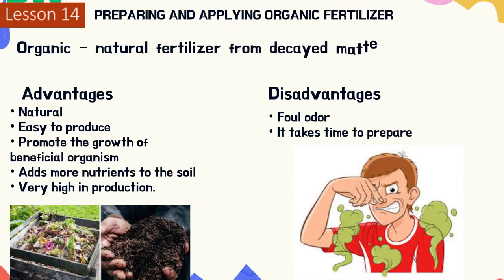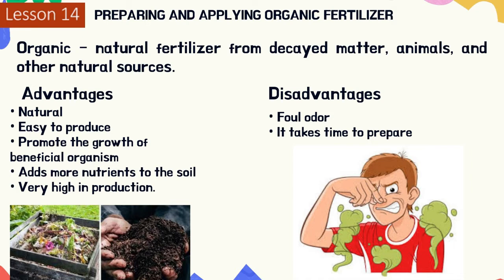Organic fertilizer, on the other hand, is a natural fertilizer from decayed matter, animals, and other natural sources. Advantages: natural, easy to produce, promotes the growth of beneficial organisms, adds more nutrients to the soil, and very high in production.